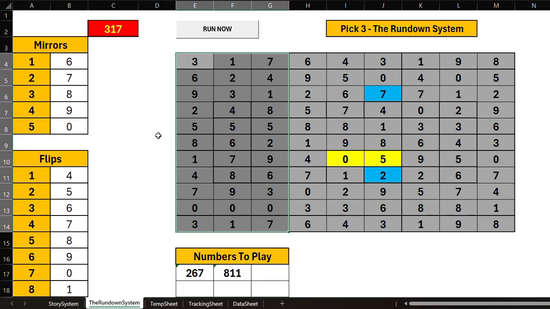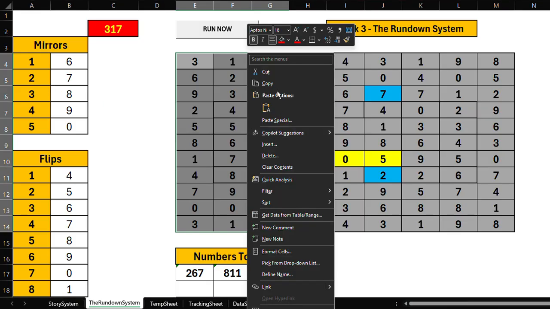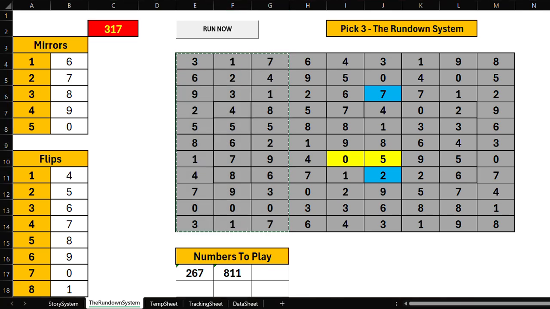Let's see, I'm going to open a notepad sheet real quick. Just give me a moment, organizing this.